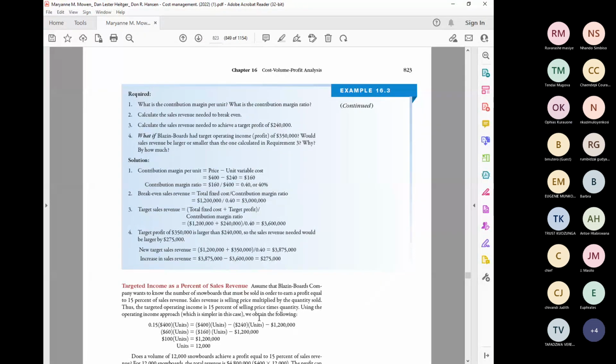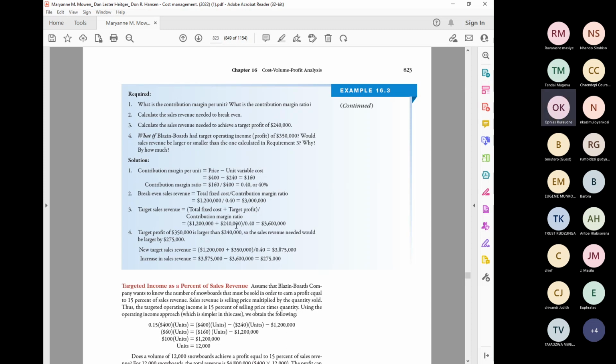So what you need to do here is understand these formulas. Break-even sales revenue is total fixed cost divided by contribution margin ratio. Target sales revenue is equal to total fixed cost plus target profit divided by contribution margin ratio. So that is 1,200,000 plus 240,000 divided by 0.4. 1,200,000 is the given total fixed cost.